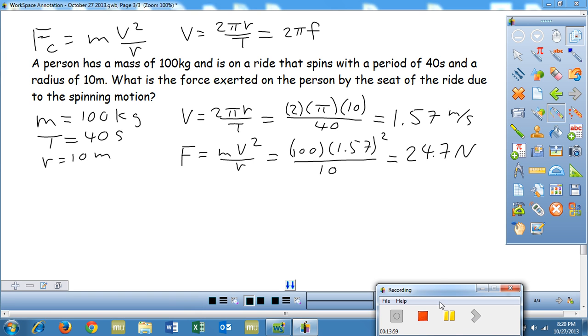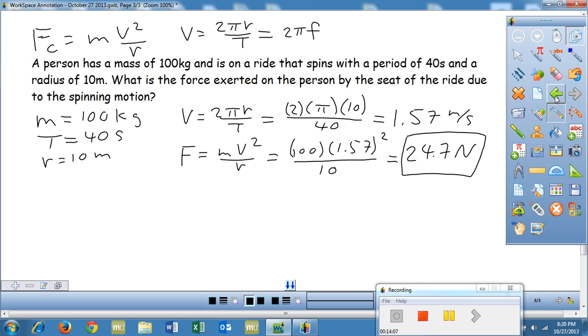Yeah, that looks good. I thought it was going to be a lot, but it's not really much. So there's our answer, 24.7 newtons. That's the force exerted on the person by the seat due to the spinning motion of the ride. So really, there's not a whole lot going on here.